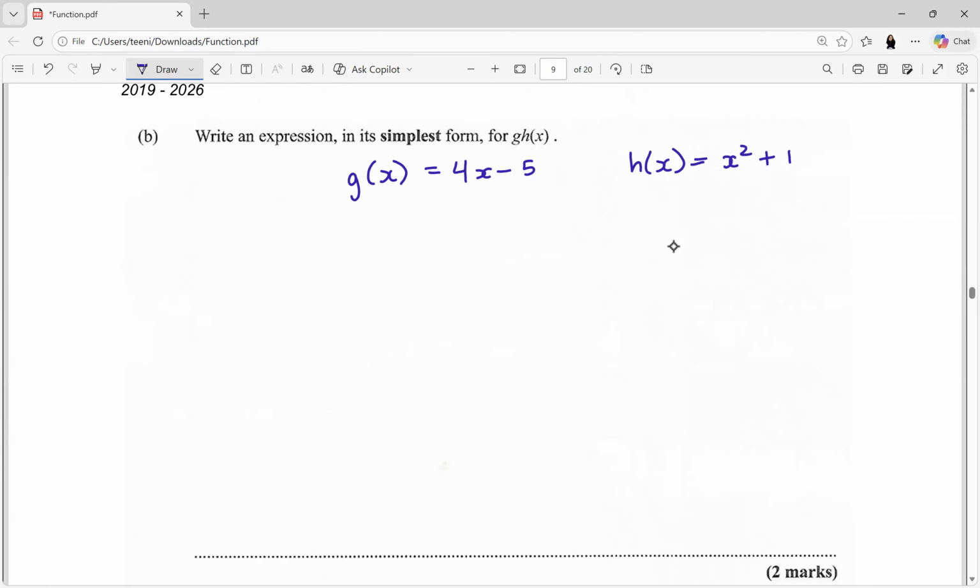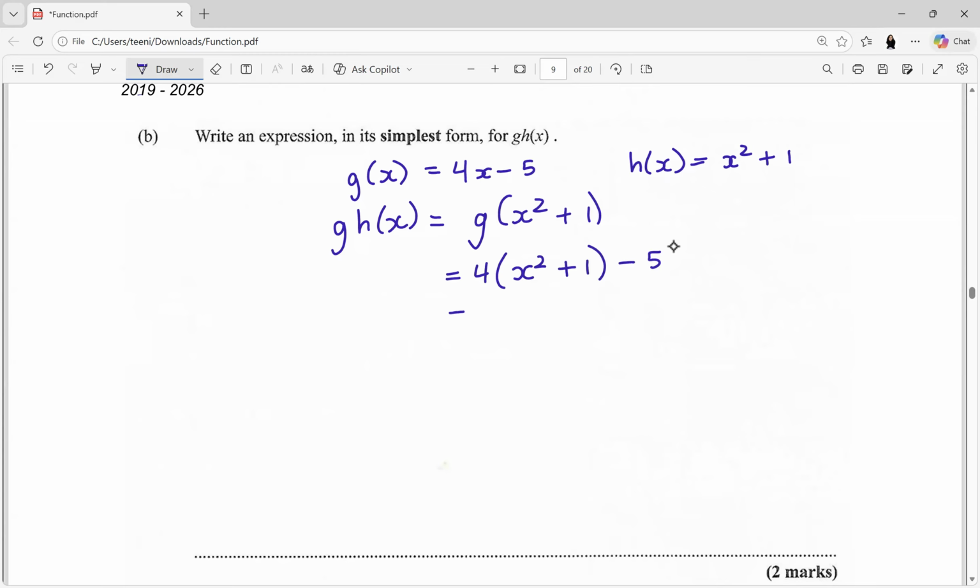All right. So then g of h of x is finding g of x squared plus 1. So wherever I have x in g of x, I'm going to replace it with x squared plus 1. So that will be 4 times x squared plus 1, minus 5.